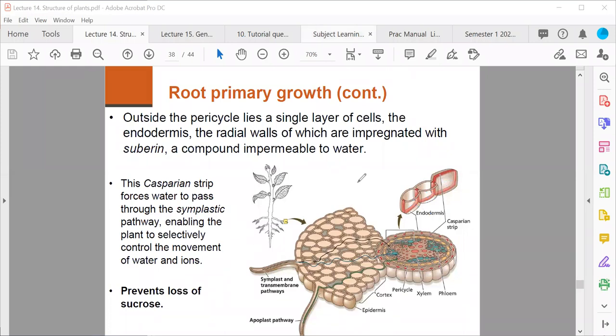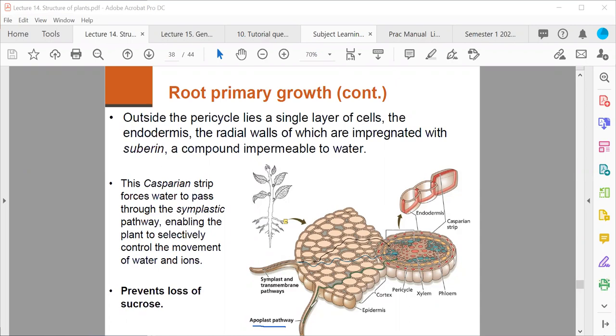All right, and to understand why the endodermis functions in that way, let's look at the different pathways which water takes to actually enter the root cells. And let's start here with a pathway called the apoplast pathway, or apoplastic pathway. And we can see this by following the green line.